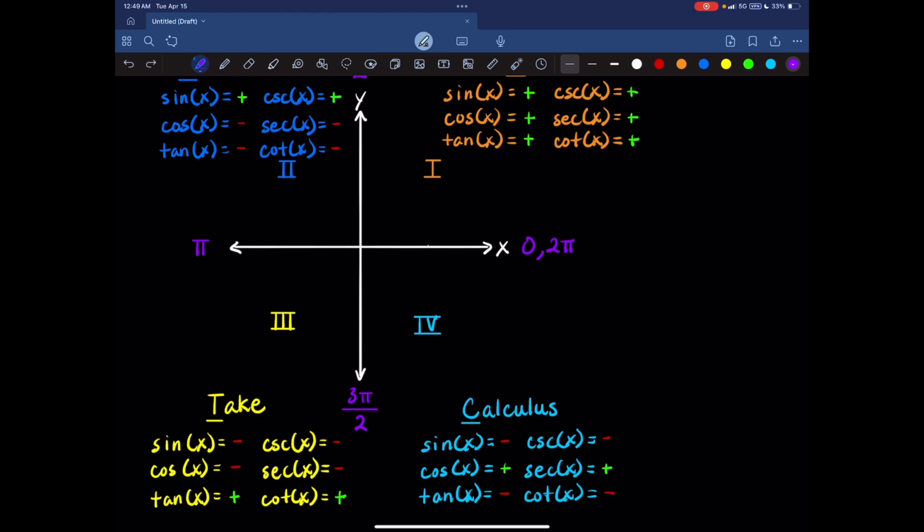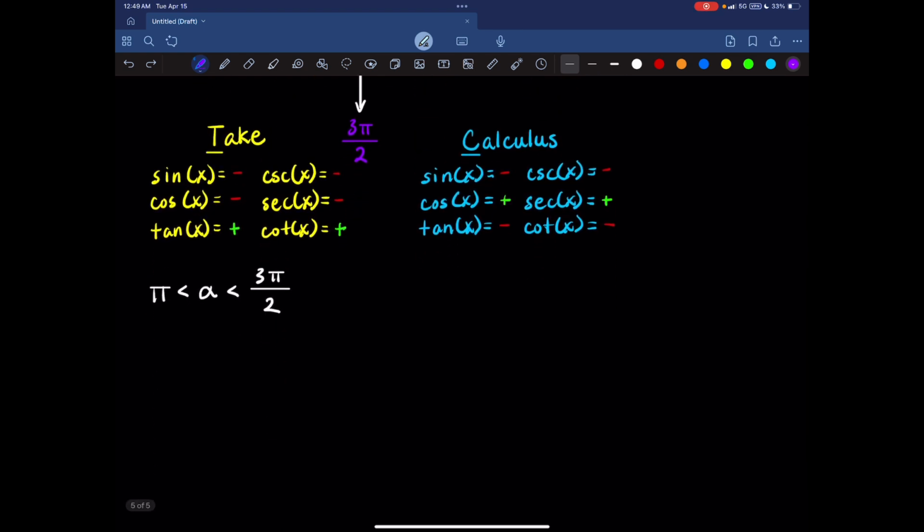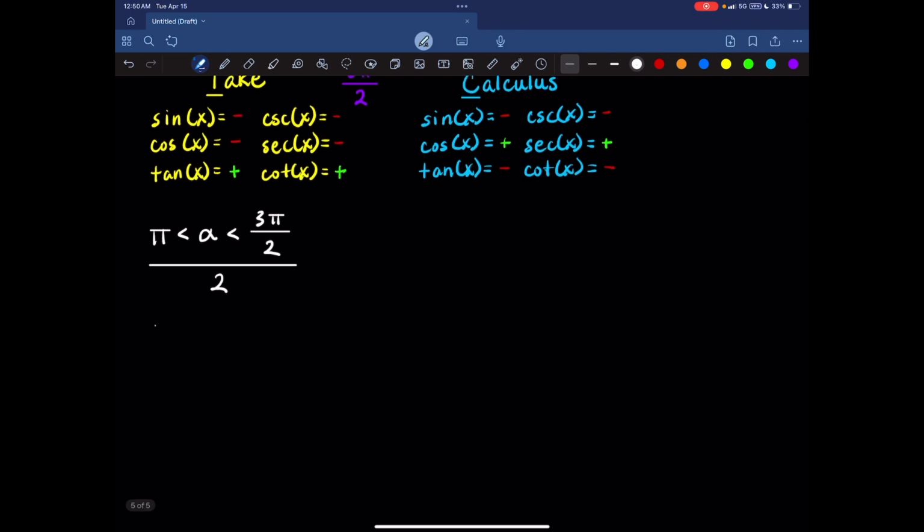So to find out where the half angle lies, we need to do something to this inequality. So first, let's divide everything by 2 so that we can get that middle term as alpha over 2. So what's that going to be? We're going to get pi over 2. Right? Pi divided by 2 is pi over 2. The middle term by design is alpha over 2.